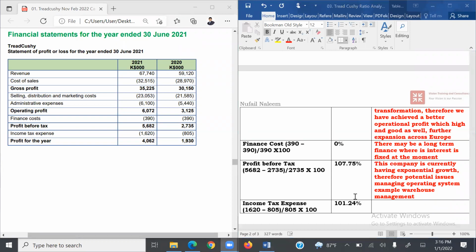So again, students, you need to get the understanding. Income tax anyway has a correlation with the profit. When profit increases, tax may increase.